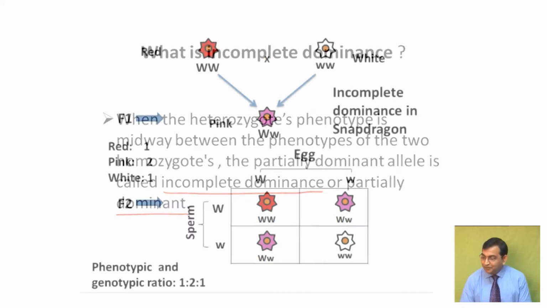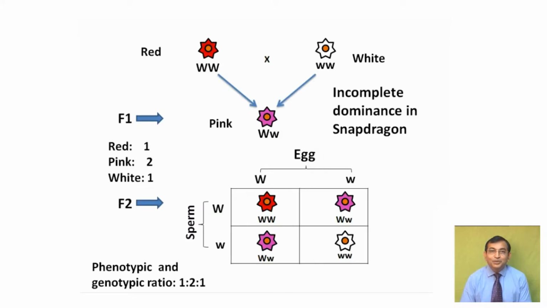In this example of incomplete dominance in Snapdragon, we have crossed a red colored flower with a white colored flower with genotype of capital WW and small ww.